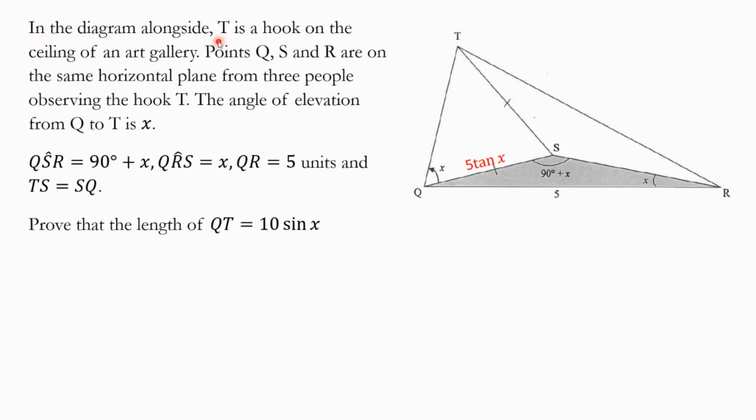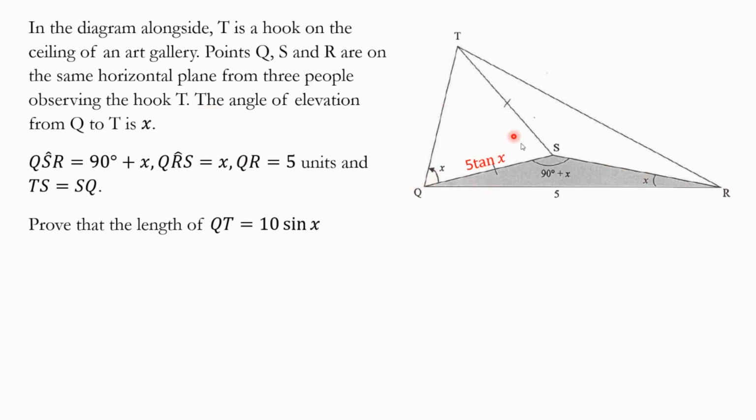In the diagram alongside, T is a hook on the ceiling of an art gallery. Points Q, S and R are on the same horizontal plane from three people observing the work.